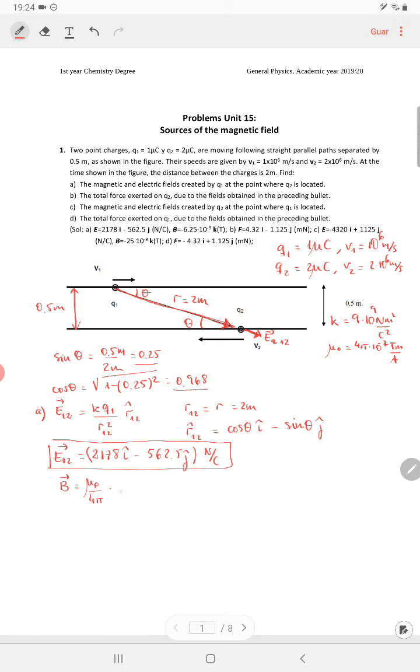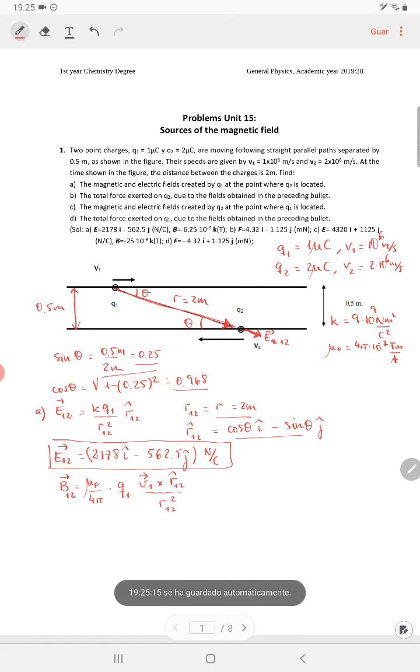This is mu sub 0 divided by 4 pi times Q1, because this is the magnetic field exerted by 1 on the place where I have the second one, times the speed of the first one, the cross product with the unit vector that goes from the first to the second one, divided by the distance between both. Here we have again this and this.